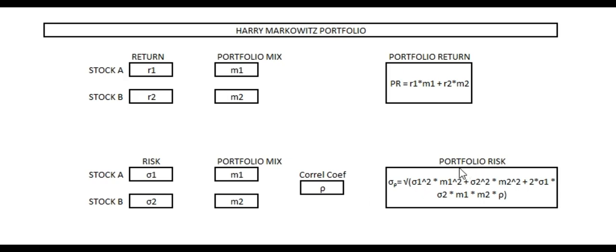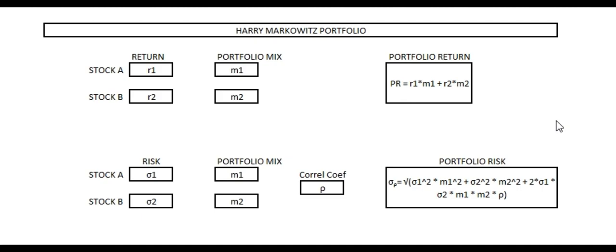Now, when we come to the portfolio risk, which is given as sigma p, it is equal to the square root of sigma 1 squared multiplied with M1 squared plus sigma 2 squared multiplied with M2 squared plus 2 into sigma 1 multiplied with sigma 2 multiplied further with M1, M2 and rho. This gives the total weighted risk of the portfolio.